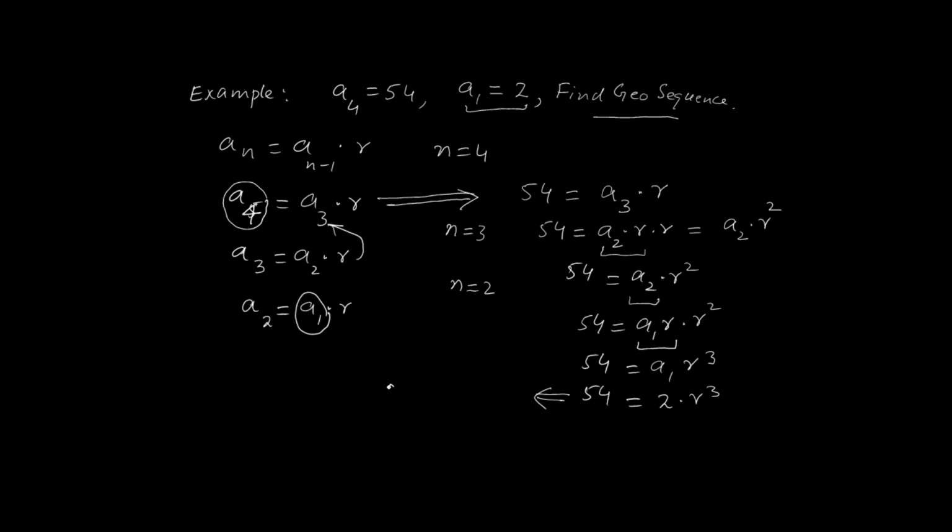This means r cube is equal to 54 divided by 2, which is equal to 27. So r cube is 27 and r is the cube root of 27, and this is equal to 3. This means r is 3.